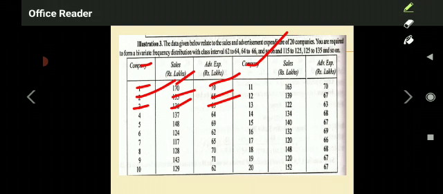Again, look at the 135 to 145 class interval of sales, and 64 to 66 class interval of advertisement expenditure. 136 is falling again in this 135 to 145 class interval, and 65 is again falling in the 64 to 66 class interval of advertisement expenditure.